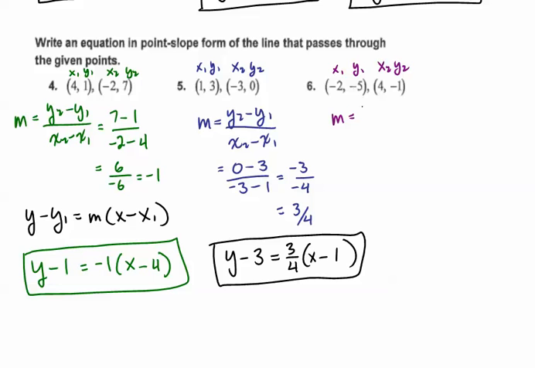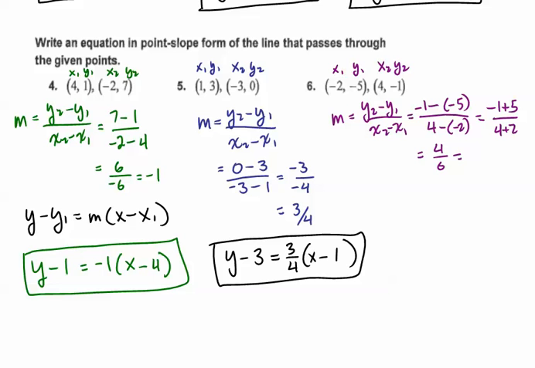M is equal to y2 minus y1 over x2 minus x1. y2 is negative 1 minus y1 is negative 5 over x2 is 4 minus negative 2, and so that's negative 1 plus 5 over 4 plus 2, which comes out to be 4 over 6, or 2 over 3 for our slope.